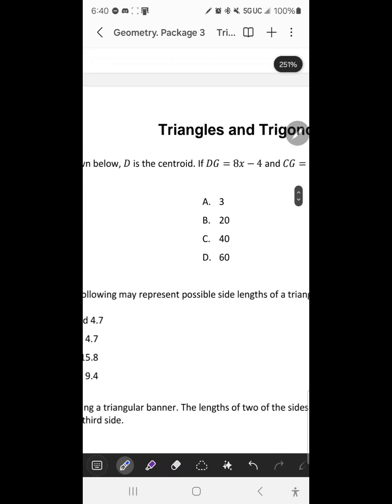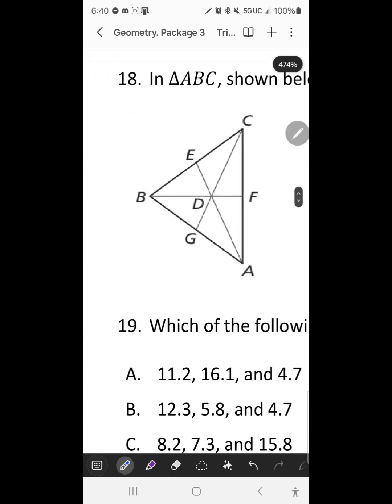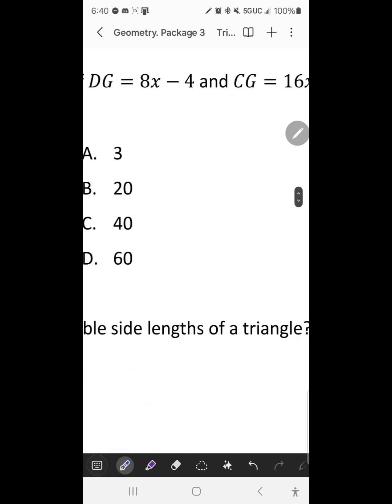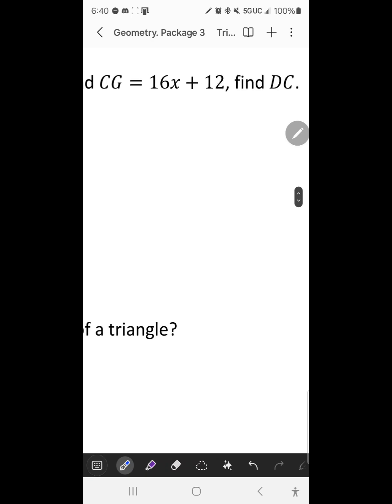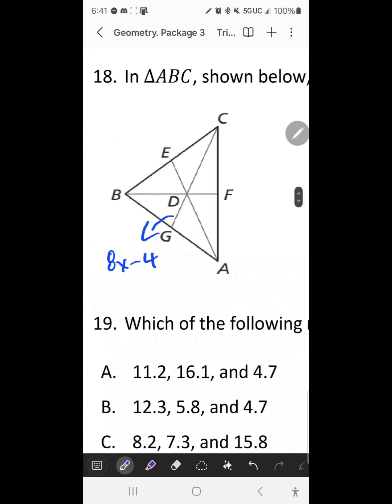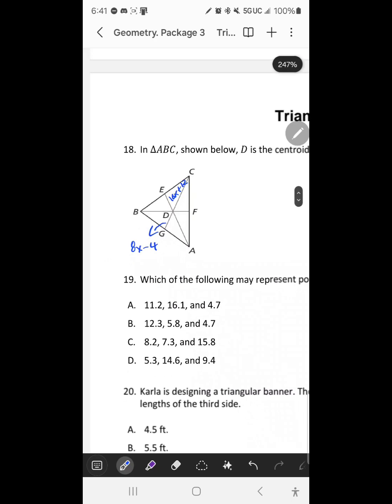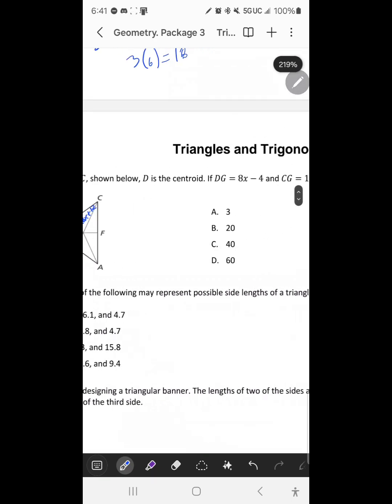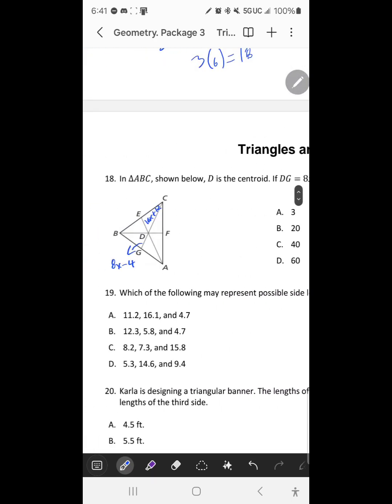DG is 4x minus 4, and CG is 16x plus 12. Find DC.